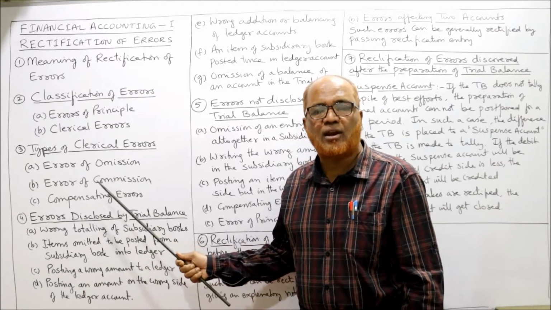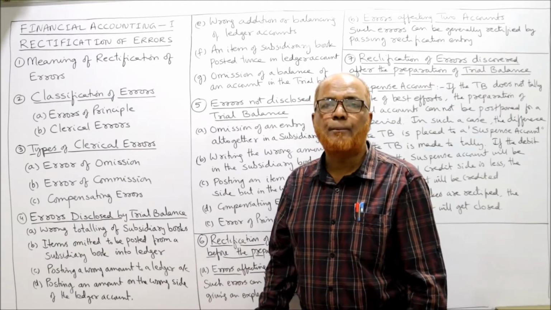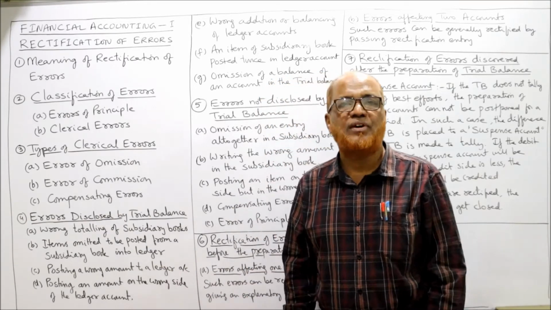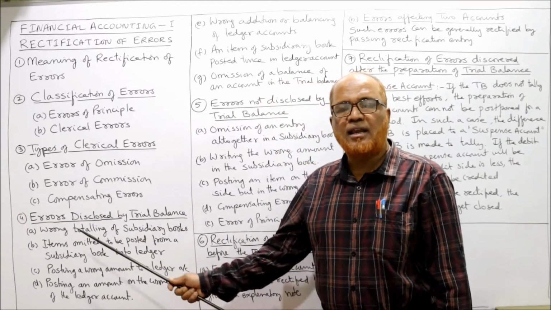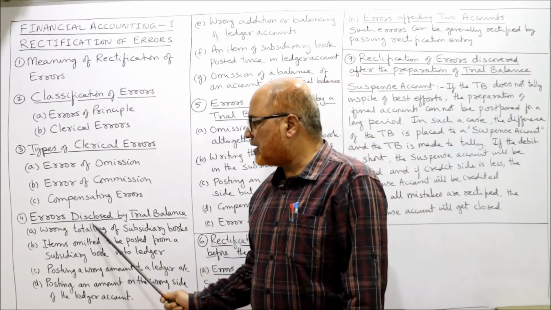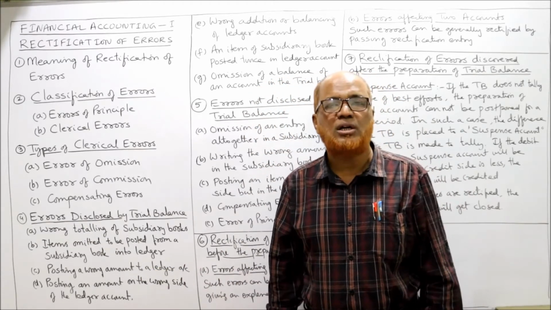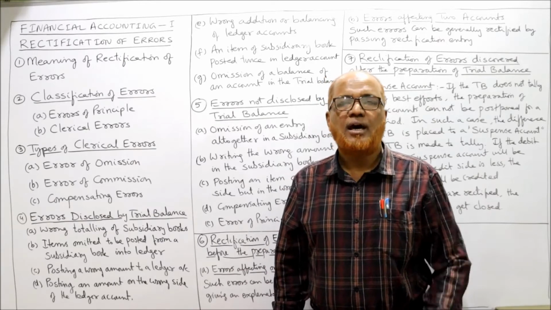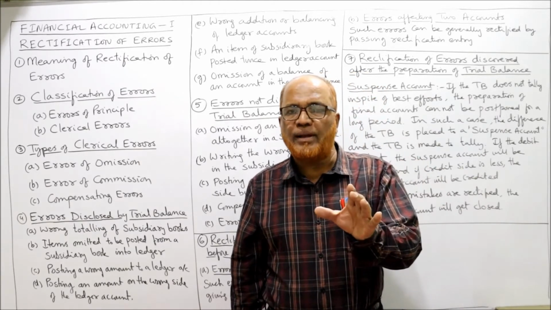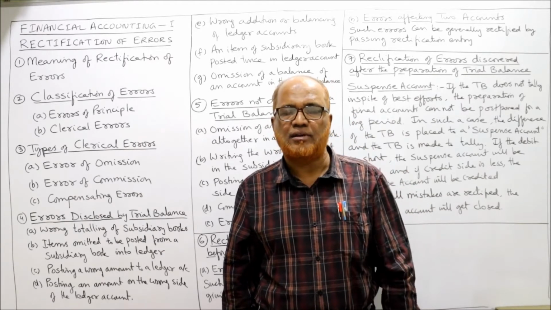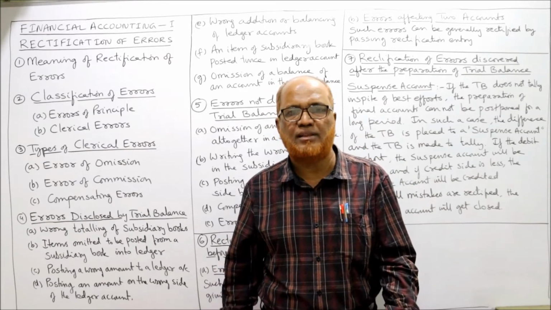Error of omission, error of commission, and compensating errors. Now, one more method is there for classification of errors. The errors can be classified as those disclosed by the trial balance and those not disclosed by the trial balance. Remember, it is not compulsory that whenever there are errors, the trial balance will not agree. In normal circumstances, definitely it will not agree.